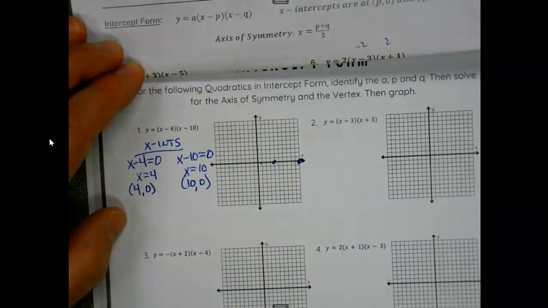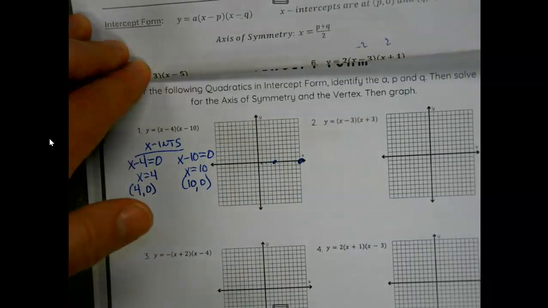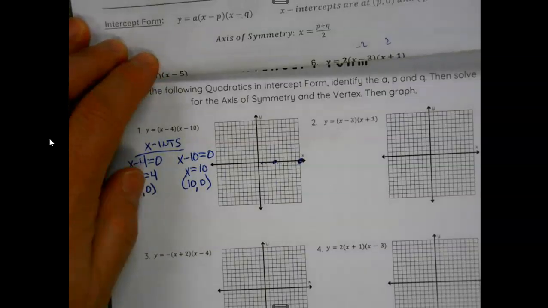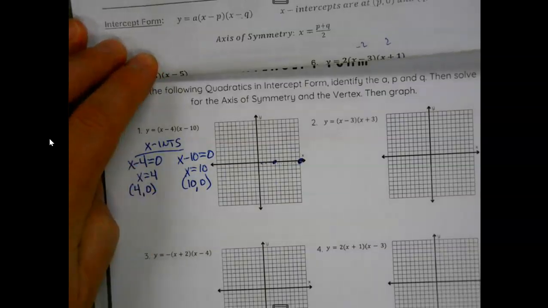Okay, so I've got my 2 intercepts. To get my last point, I need to find my vertex. Okay, so how do I do that?